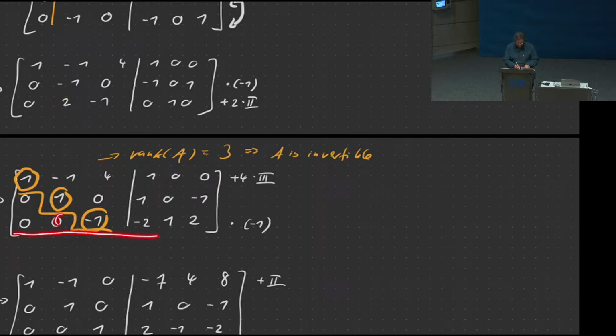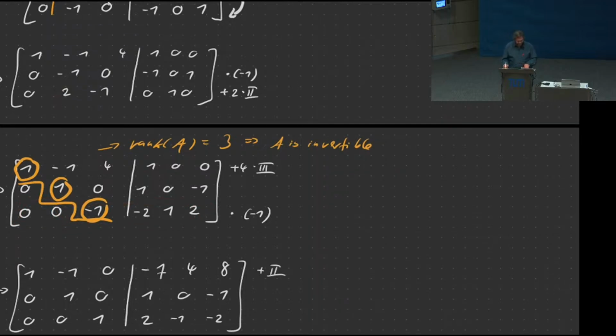So that's what I did here. And you can see we're almost done. This second row is already looking good. This last row, that needs some normalizing, so we need to get a +1 instead of a -1 here. That's easy to do by just multiplying that row by -1.